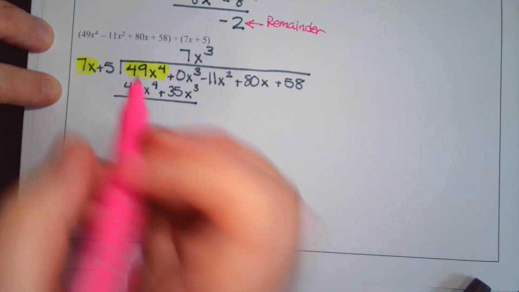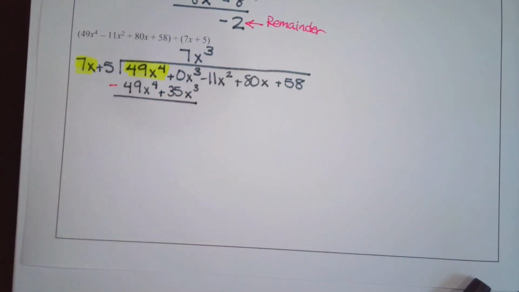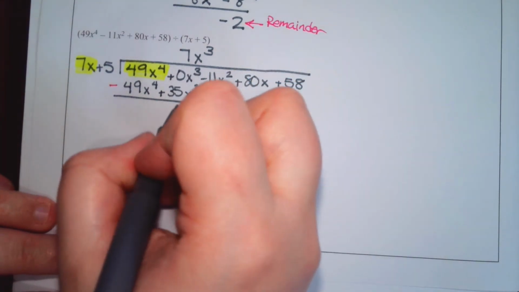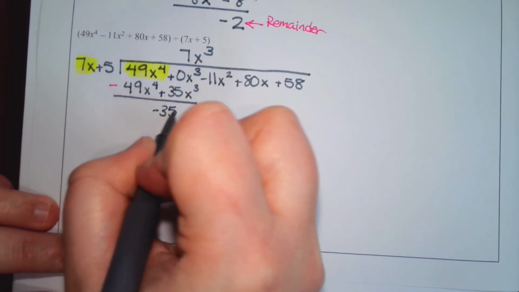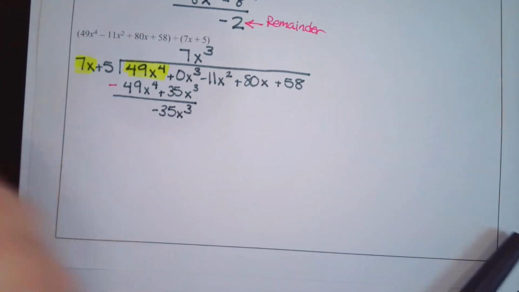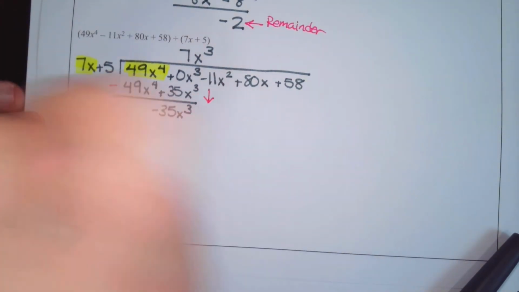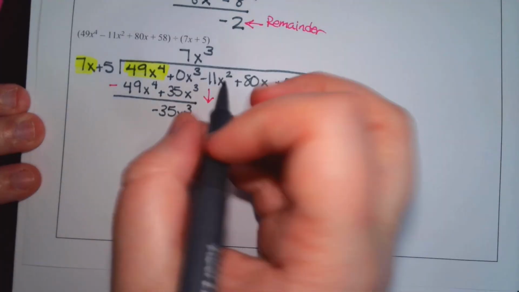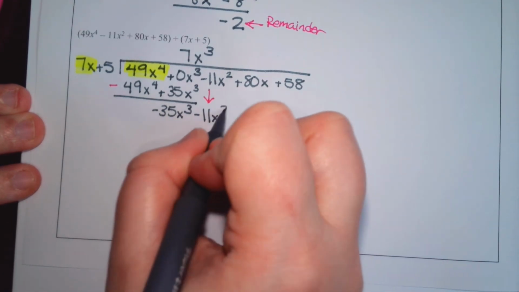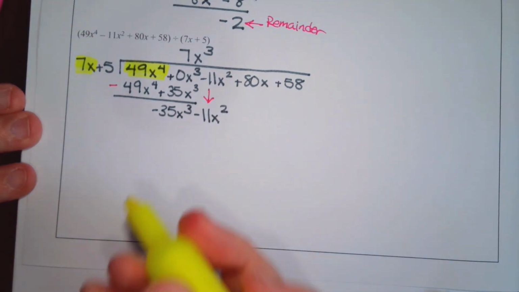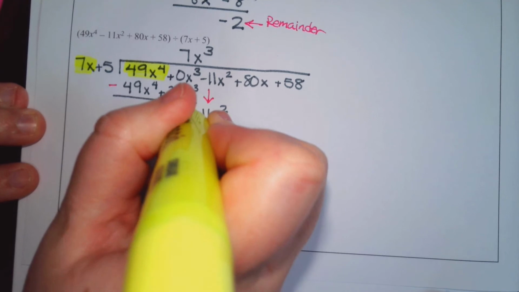And then we subtract. We bring down, so negative 35x cubed. Bring down minus 11x squared. Now we rinse and repeat.